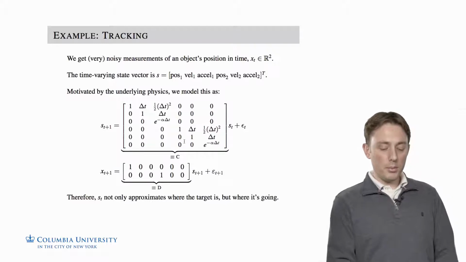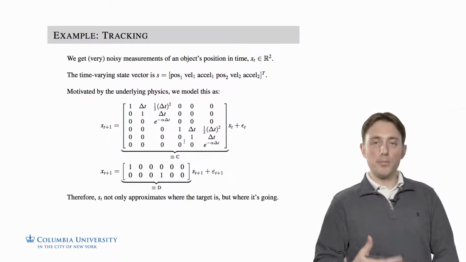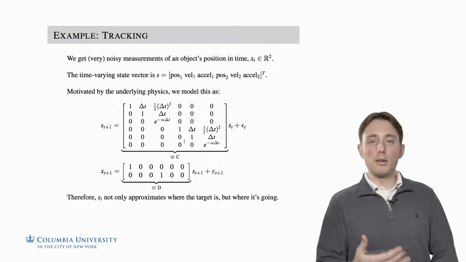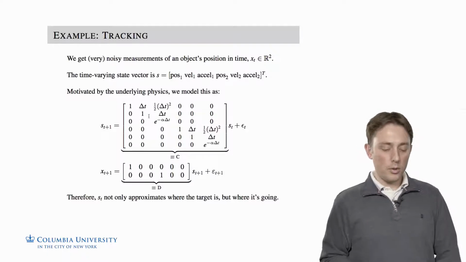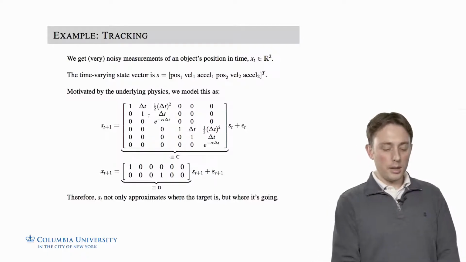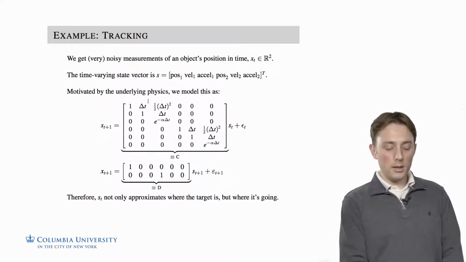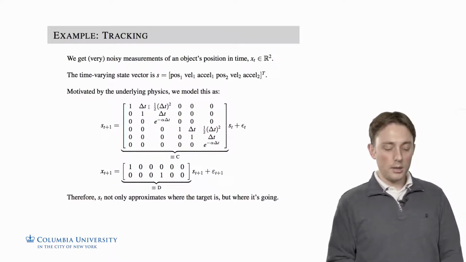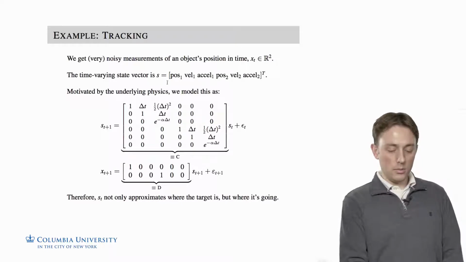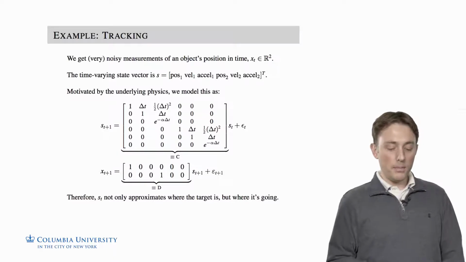And for this specific problem, we choose C, again motivated by the underlying physics, to have this exact form. So notice what this is modeling. This first dimension corresponds to the position in the first dimension of the object. That's equal to the position at the previous time point times the amount of time that has passed.